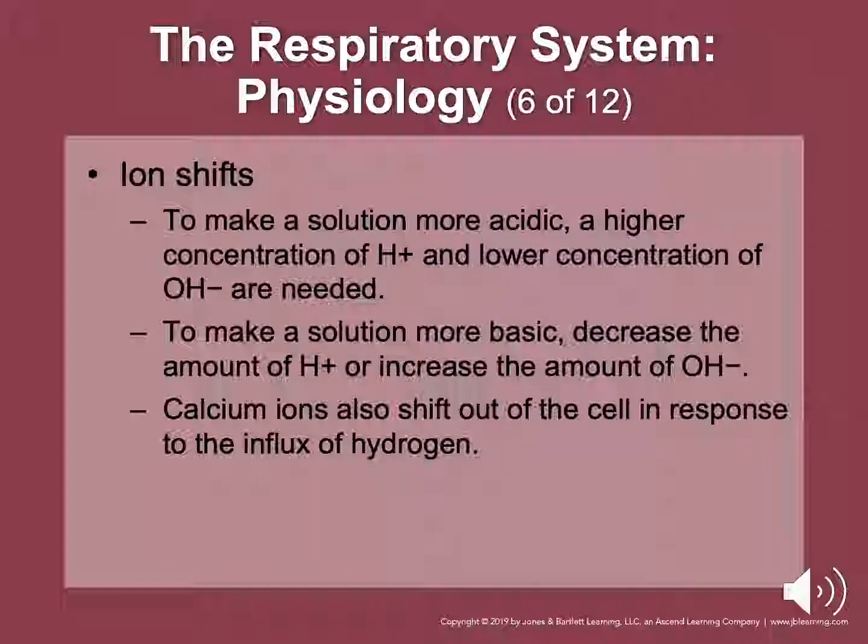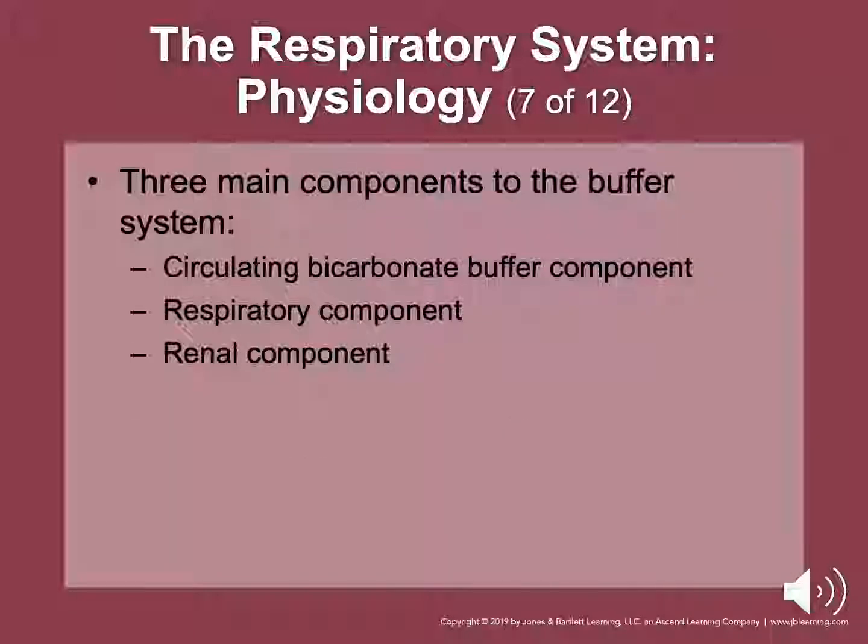The respiratory component is the fastest way the body can get rid of excess hydrogen ions, is to create water and carbon dioxide, which can be expelled from the lungs. The renal component, kidneys maintain homeostasis by retaining certain products and filtering out others, but it could take hours or days to restore the body back to its normal pH.